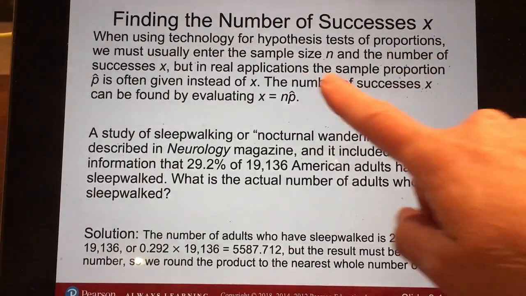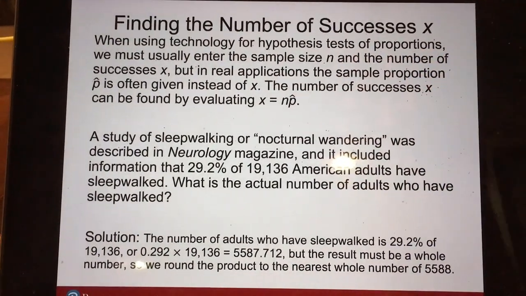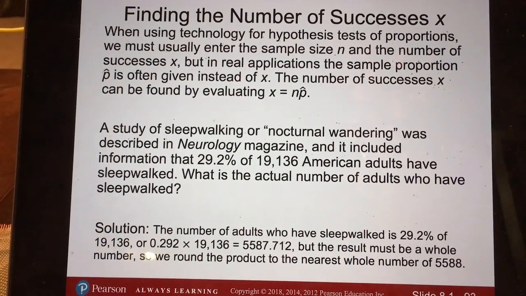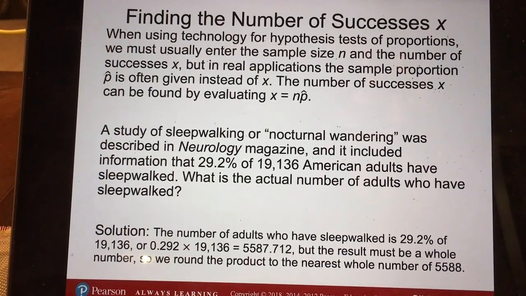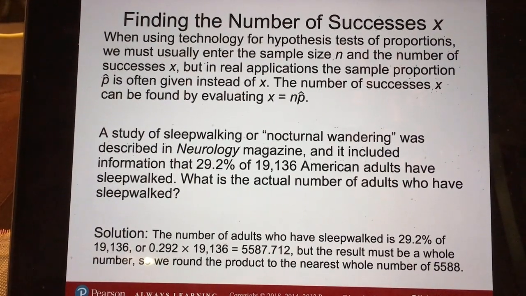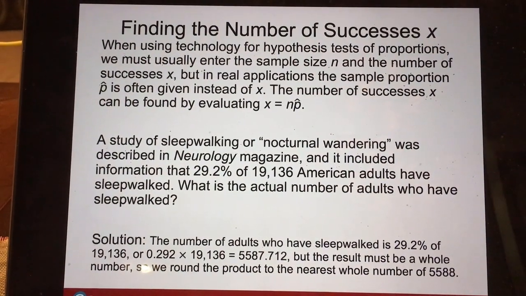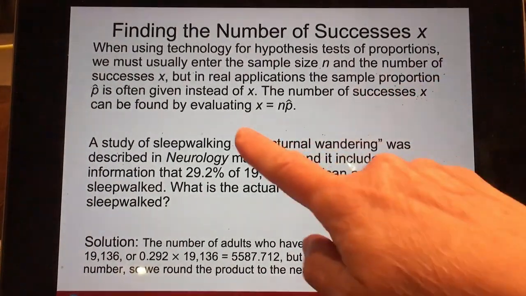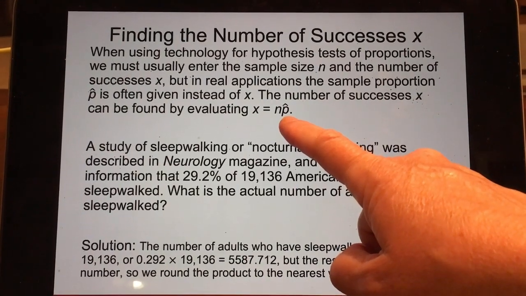So it says, when using technology for hypothesis test of proportions, we must usually enter the sample size N and the number of successes. But in real applications, the sample proportion P hat is often given to us instead of the X. The number of successes X can be found by evaluating X equals N times P hat.